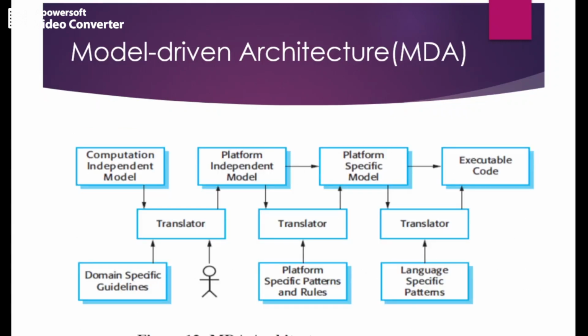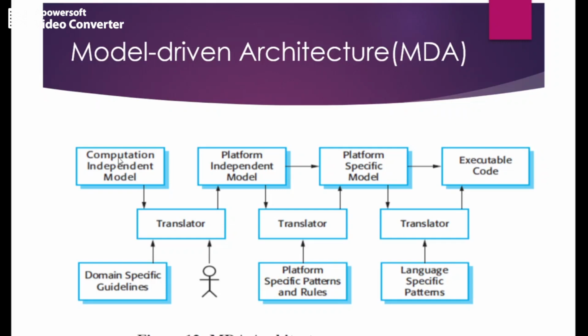So this is the model driven architecture. You can see here the computation independent model, platform independent model, platform specific model, and finally the executable code. Here we have a translator for all these models. I told you that the output will be a model, and from the model you have to generate the program or the source code.